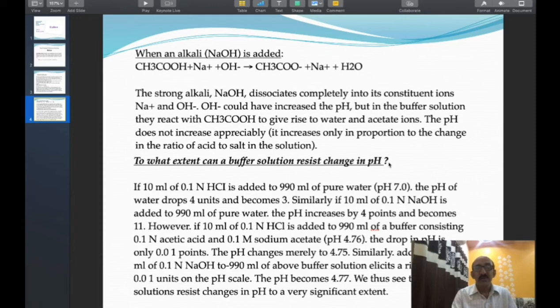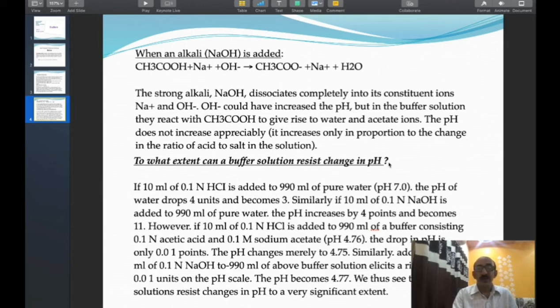Now the same HCl, when added to 990 ml of buffer solution which contains acetic acid and sodium acetate: the pH of the buffer solution containing acetic acid and 0.1 molar sodium acetate before addition of the HCl is 4.76.